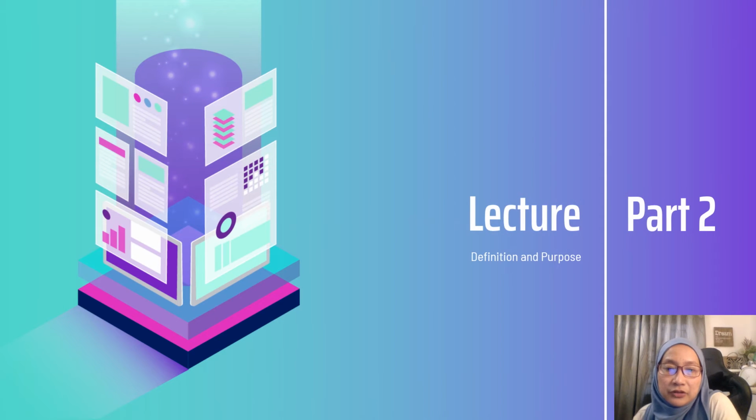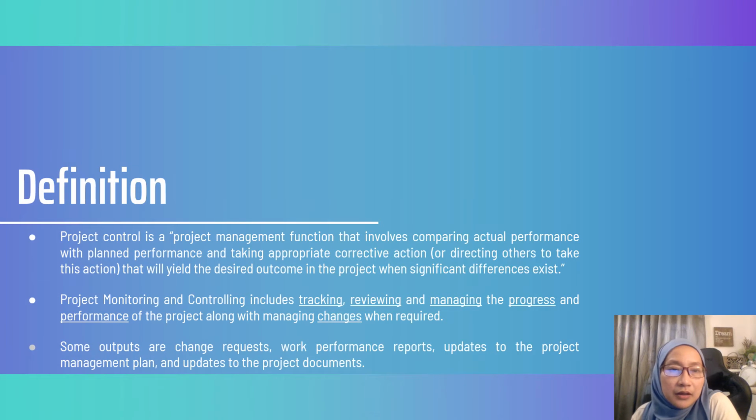Let's have a look at the definition and purpose of project monitoring. Project control is a project management function that involves comparing actual performance with planned performance and taking appropriate corrective action that will yield the desired outcome when a significant difference exists. Project monitoring and control include tracking, reviewing, and managing the progress and performance.